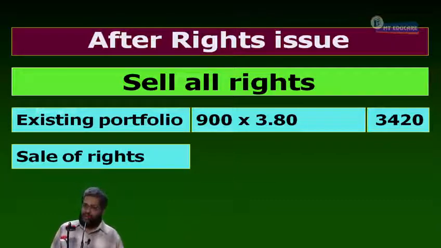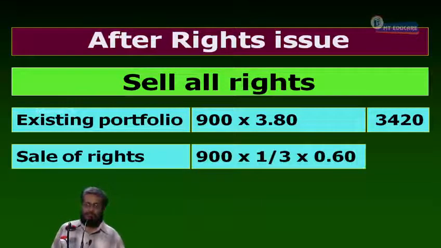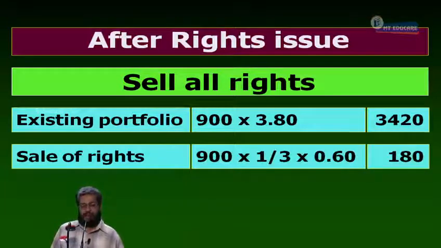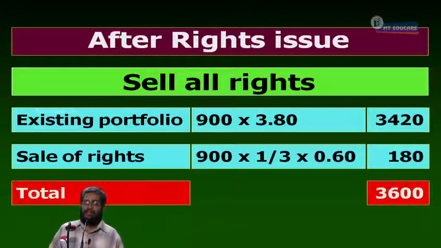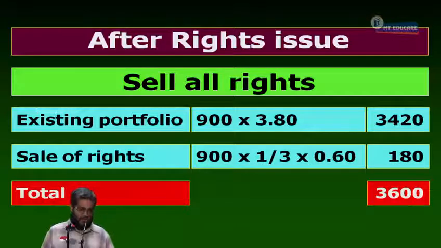Can you understand? 300 rights, since it is a 1:3 ratio. 300 rights into how much rupees? 0.6. 300 rights into 0.6 is 180. Total wealth is 3,600.